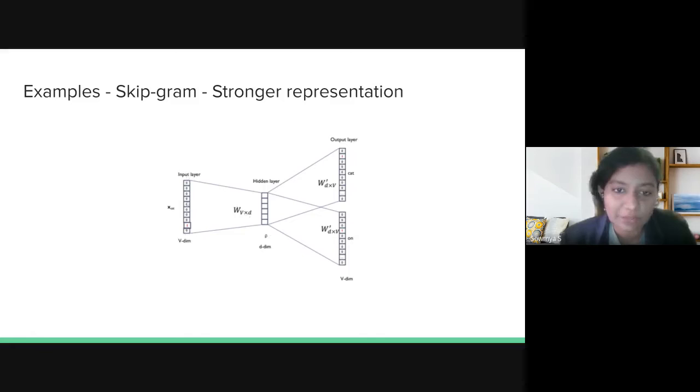So once again, you have the one hot encoding, and you have to predict the one hot encoding of the others. And there's a concept called tying the weights here, in the sense the weights of both these parts of the network are exactly the same. So when I train them and change the weights, I will be changing weights for both at the same time.